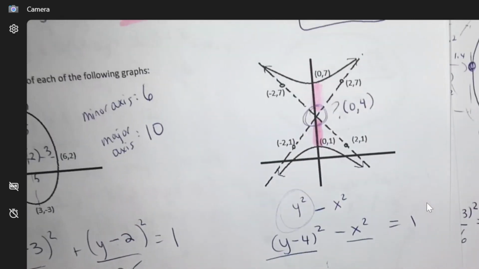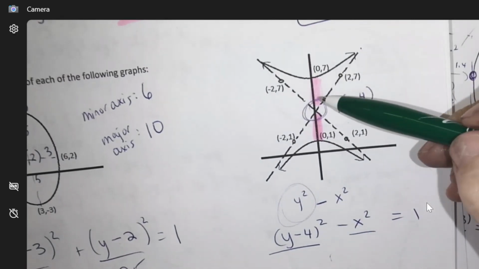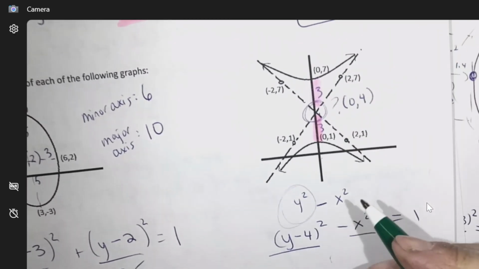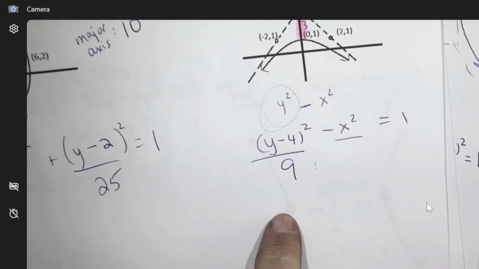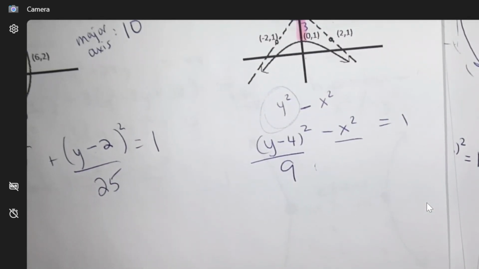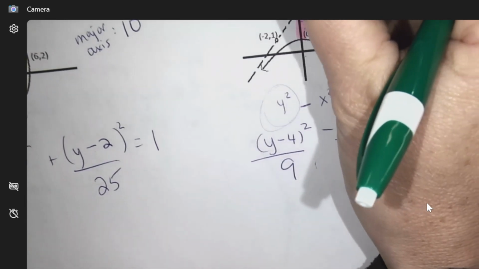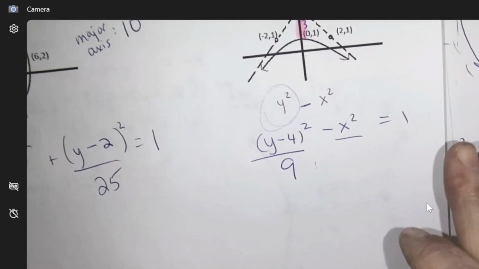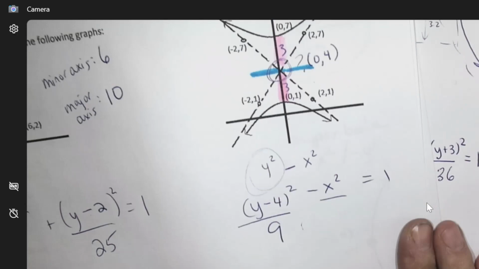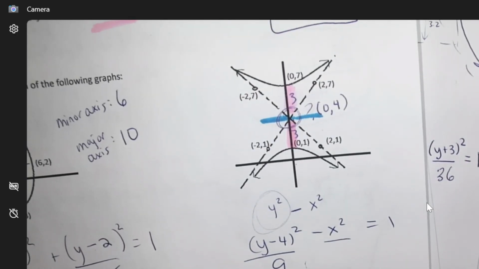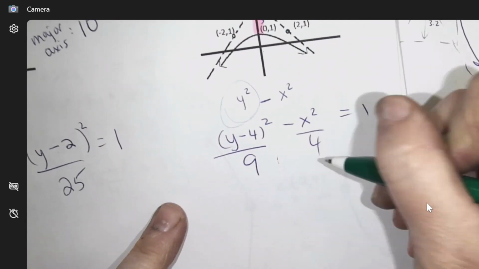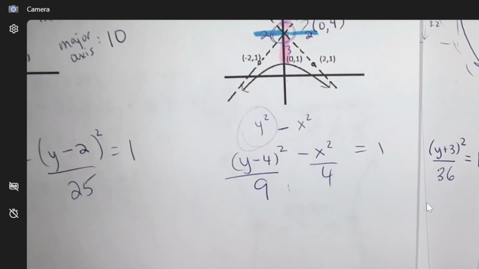Okay, vertically, what's the space here? 3. So vertically, so under the y, I'm going to put a 9. That's the vertical. And what's going on horizontally? 2. So under the x, I'm going to write a 4. That's it.